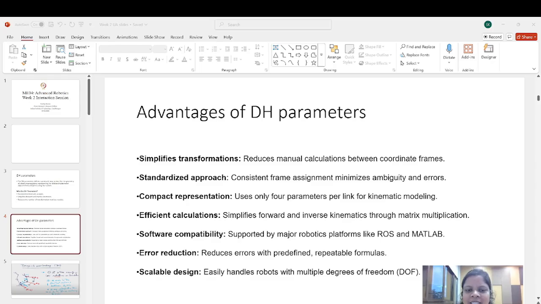It just has to go in this matrix and then you are going to get all the answers. So we'll see how we do that on MATLAB. And it reduces error with predefined or repeated formulas. You just have to know the method and you're going to get the answer.